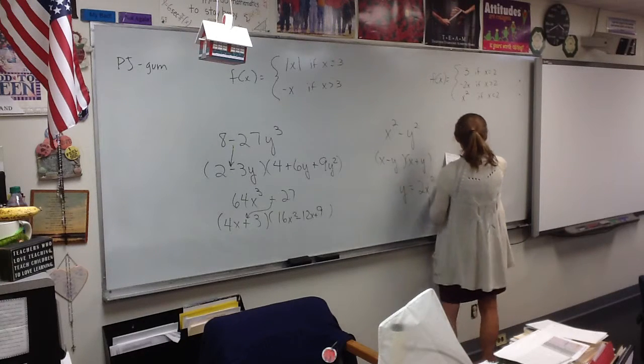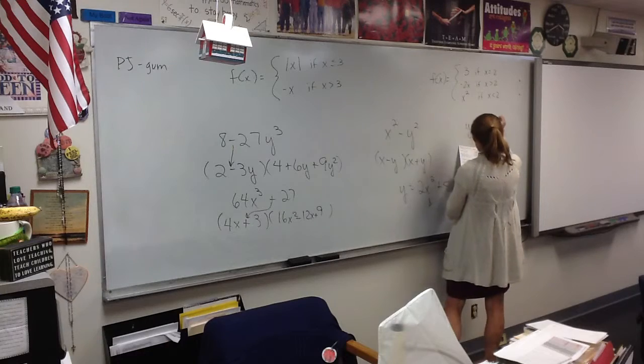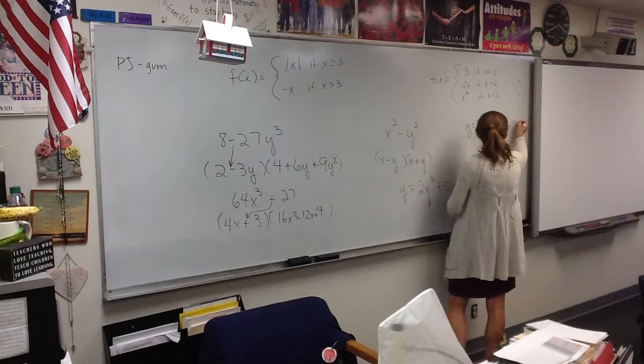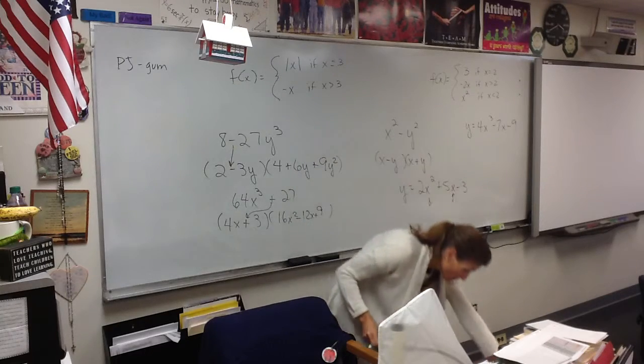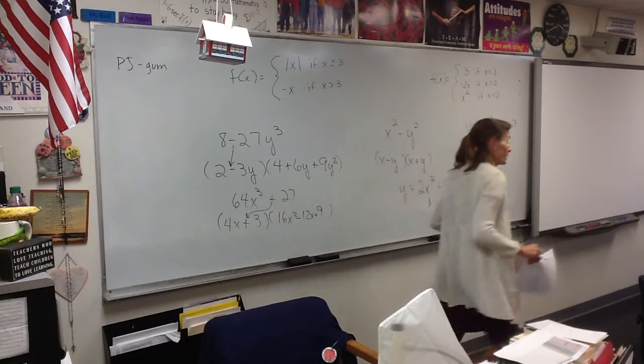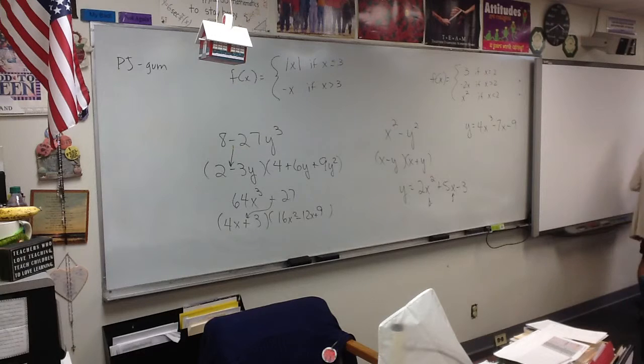Okay, number 3. You graph this, and let's get our calculators out because we want to do the rest of the problem now. So you graphed that. So let's put that equation into our calculator.